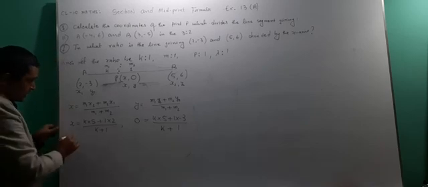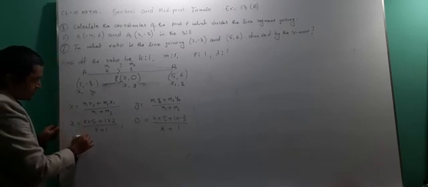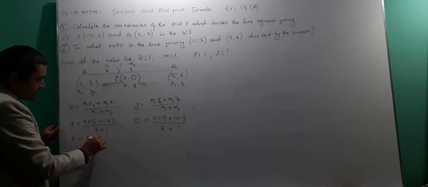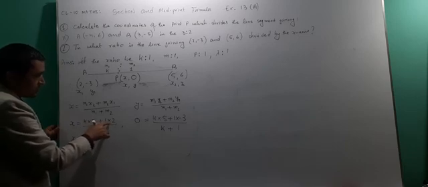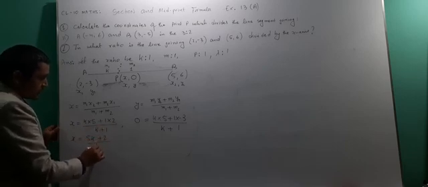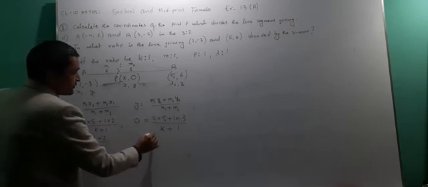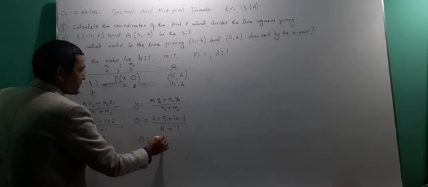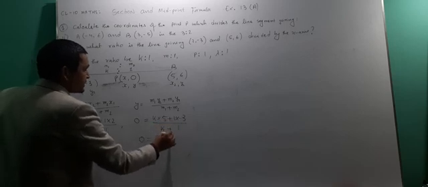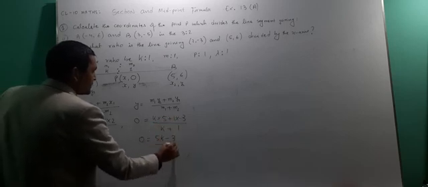So x equals (5k plus 2) divided by (k plus 1), and 0 equals (5k minus 3) divided by (k plus 1).